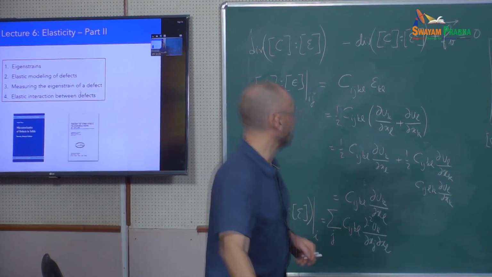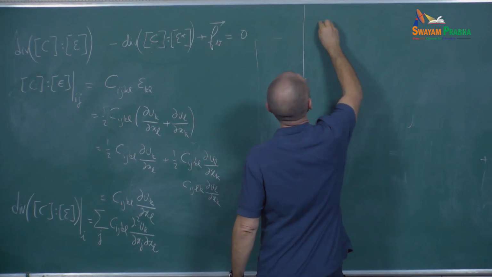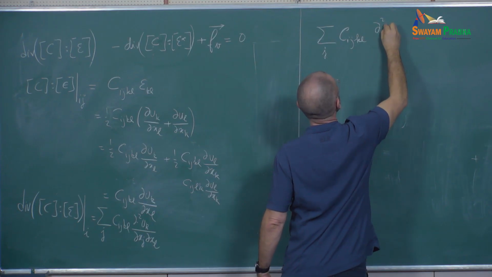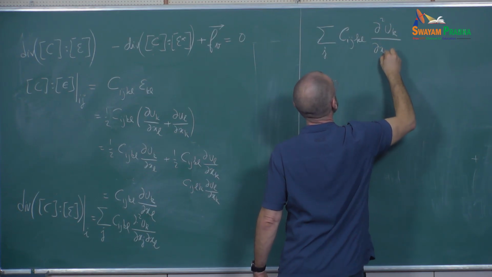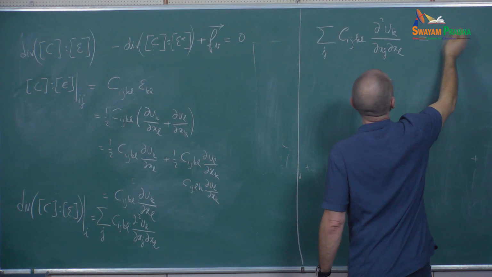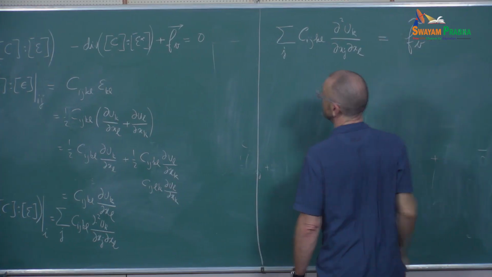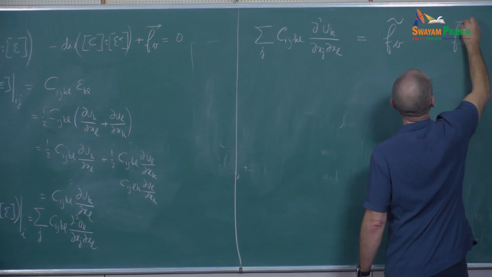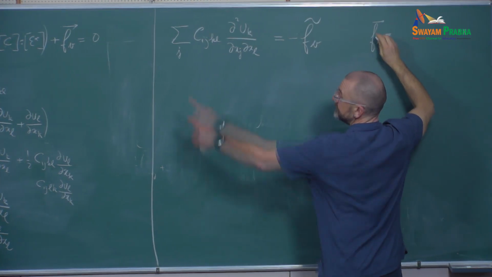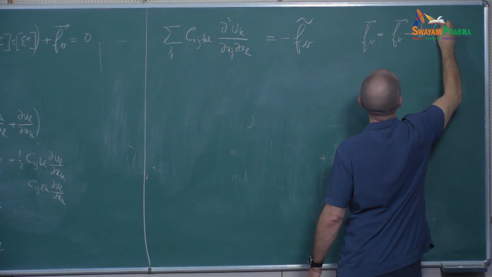So in the end, if I rewrite this equation, I have the sum over j of Cijkl d2uk over dxj dxl, which is equal to some volumic function, f tilde for example, or minus f tilde, where f tilde is the real volumic function minus the eigenstrain term.